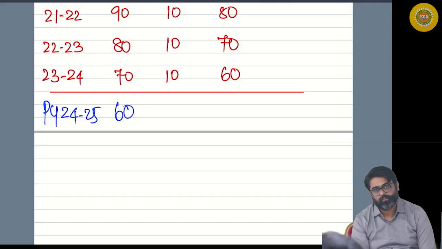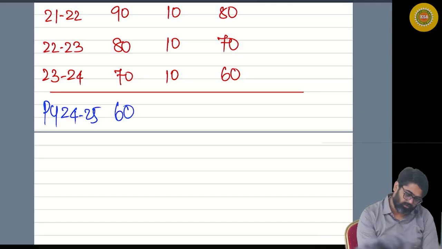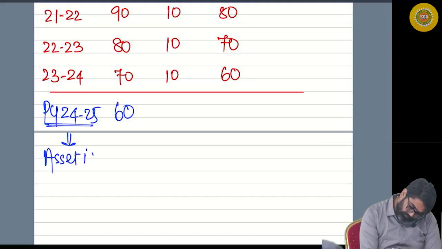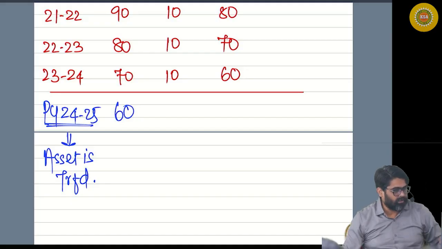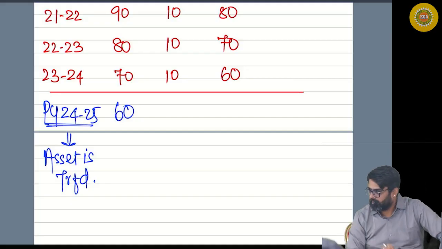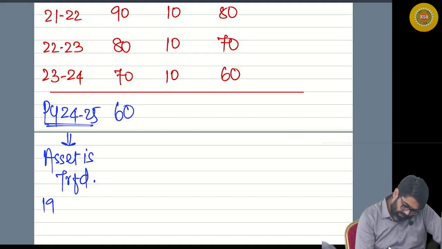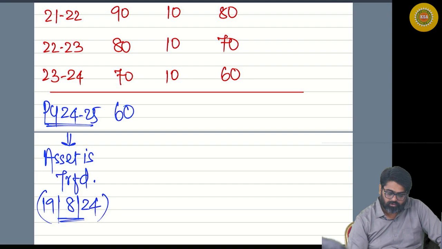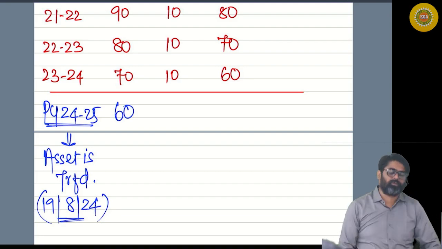You cannot, because in previous year 24-25 the asset is transferred. When the asset is transferred, let's take one date also: 19th of August 2024. This is the date of transfer.